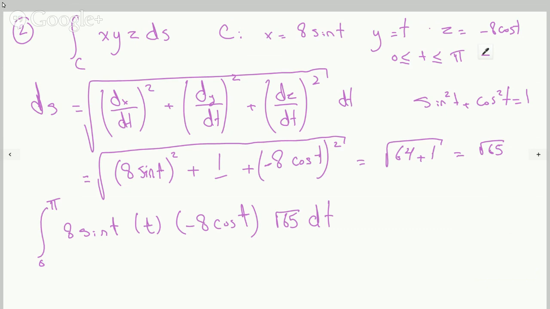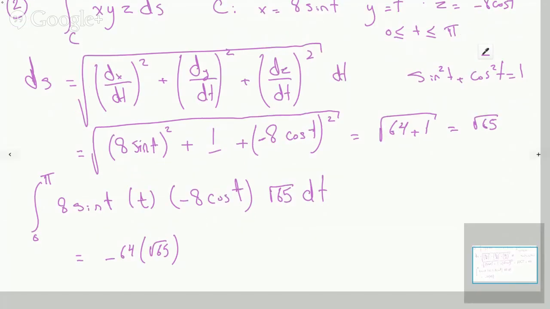Now this square root of 65 and 8 we can pull out, and we get 8 times negative 8, so minus 64 times square root 65. Now sine t times cosine t, I can reduce that to sine 2t, because that will be 2 sine t cosine t, and to correct for the 2, I could just divide that by half.